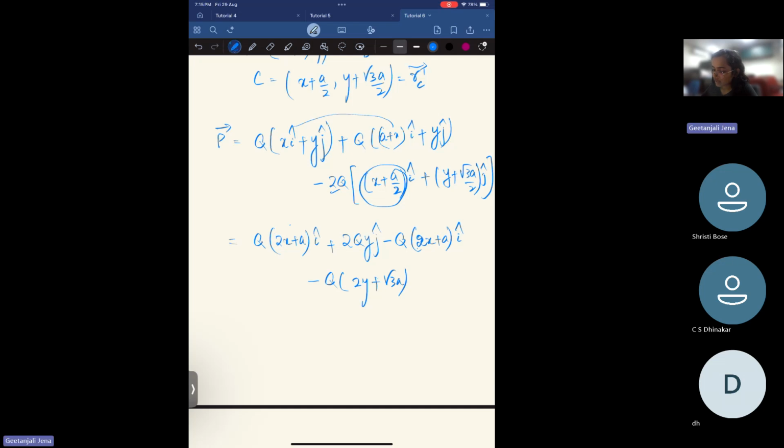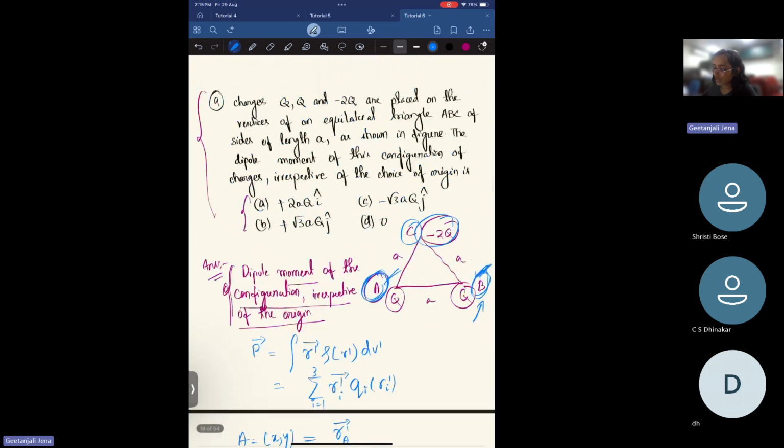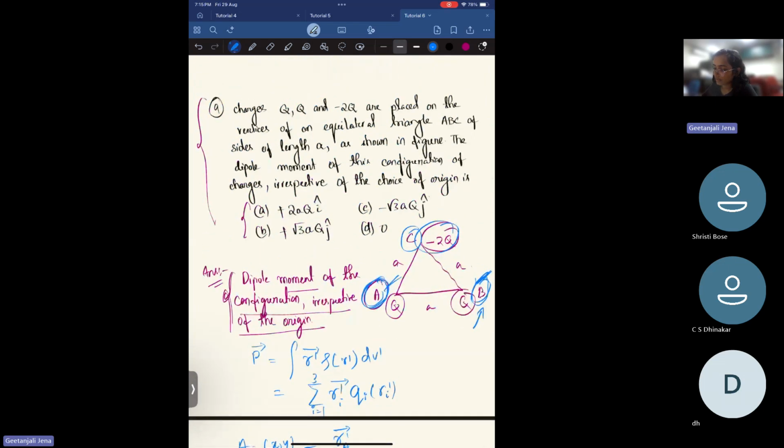From this you can see this one will cancel with this, and the whole will cancel. And the 2qy here will cancel with the 2qy there. So we have now minus root 3 q a j cap. So the answer will be option C.